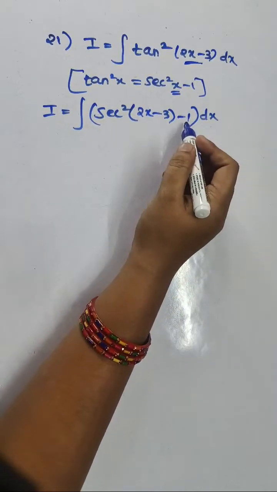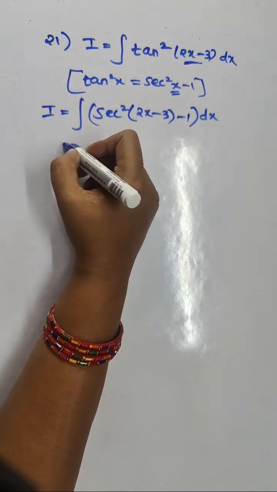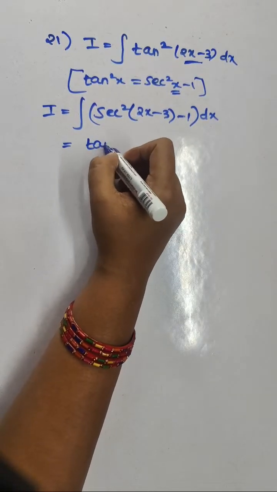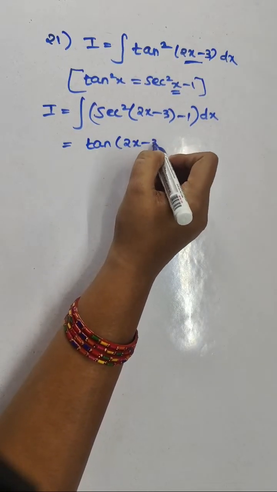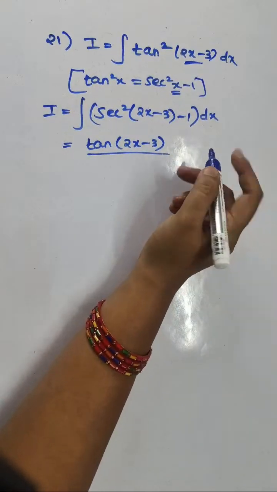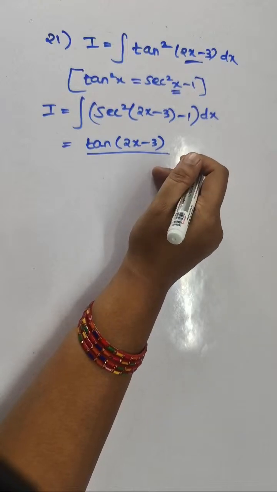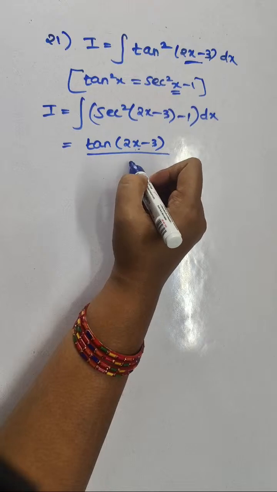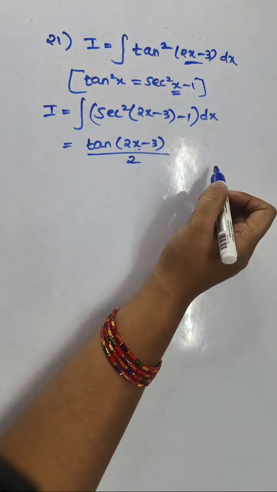So we have two terms for integration, and we have a formula for integral secant square x, that is tan x, that is tan of 2x minus 3, the whole by. In differentiation you will write it as the product, and for integration you will write it in the denominator. So the coefficient of x is 2 here, so you will write it as by 2.